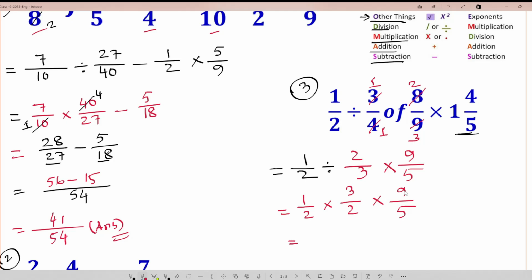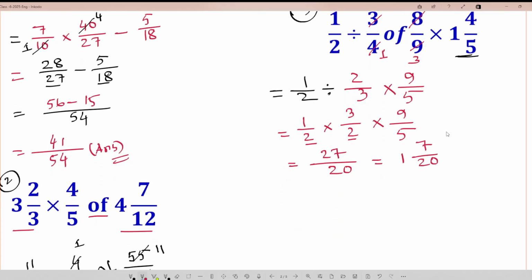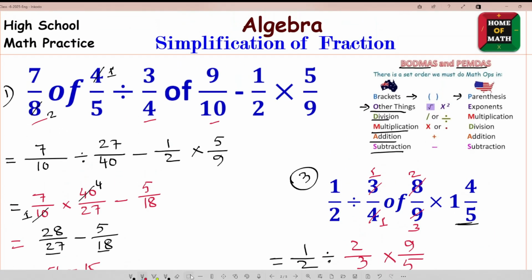Then we cannot divide anything, so 2 times 2 is 4, 4 times 5 is 20, and 9 times 3 is 27, 27 times 1 is also 27. So our answer is 27/20. Okay, this is our answer, and we stop here in this video.